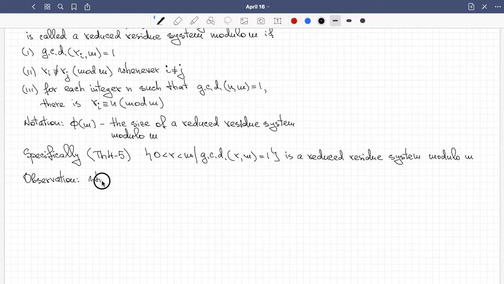While we cannot add elements of a reduced residue system, I will abbreviate RRS for a reduced residue system.